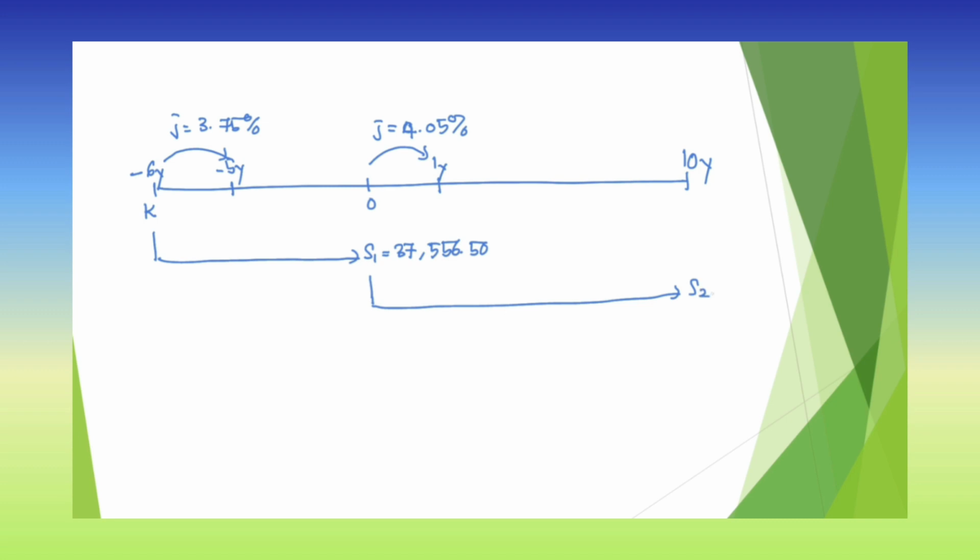So S2 here, R equal to 300. For 6 years n is 72, and here n equal to 120.